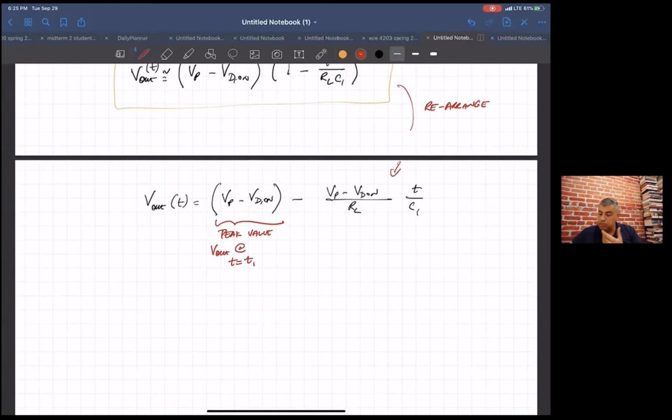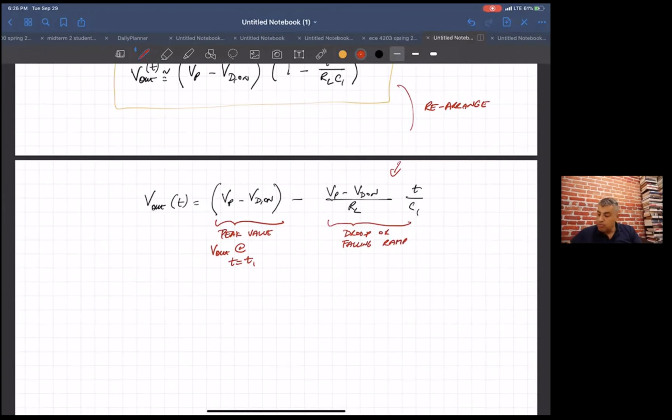Okay, that's what we know. We started off at that. And this is the droop, or the falling ramp, as a function of time.